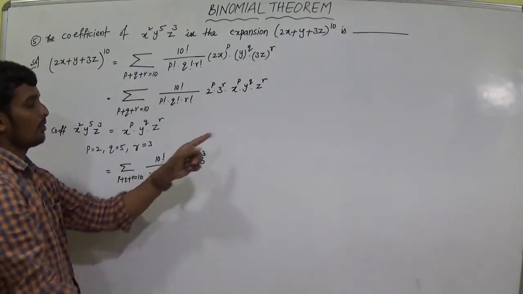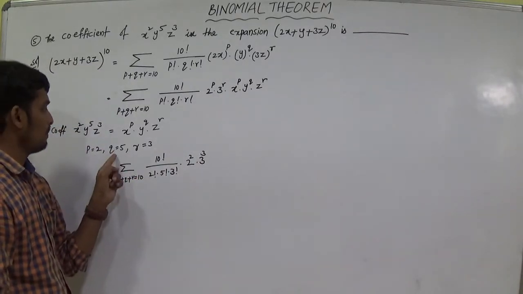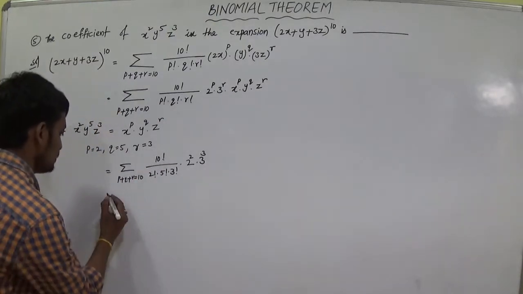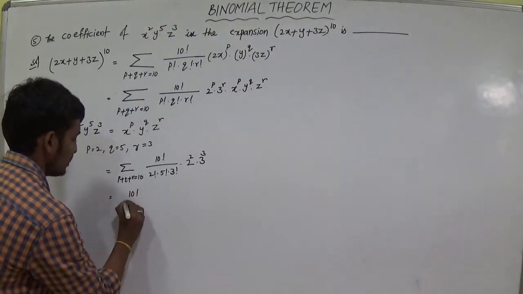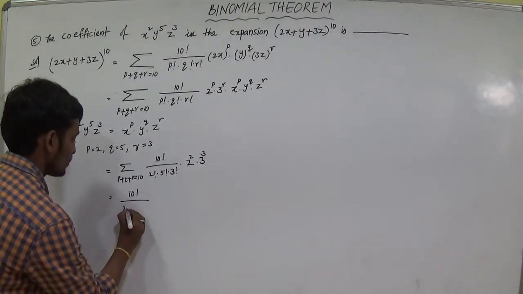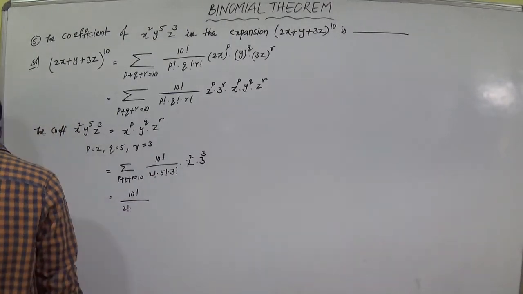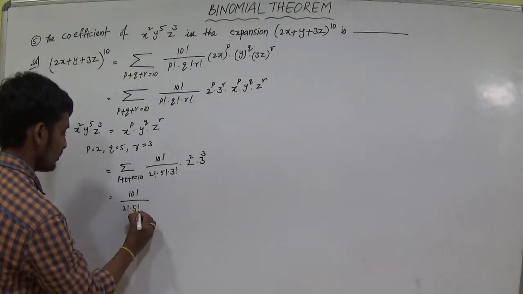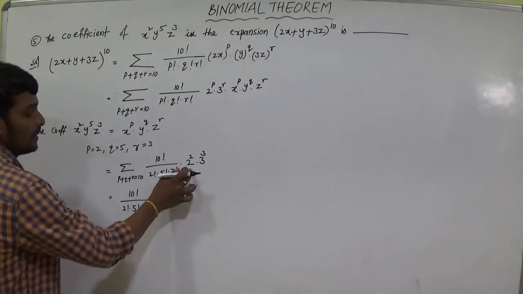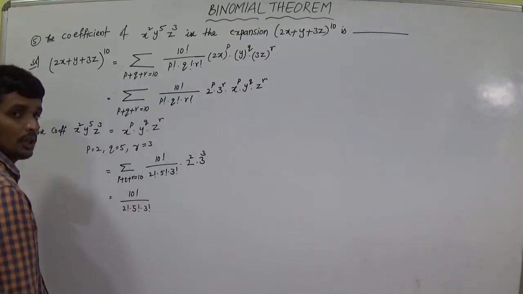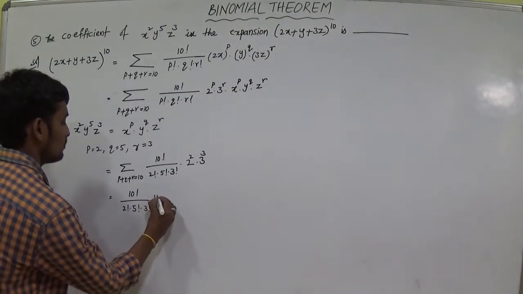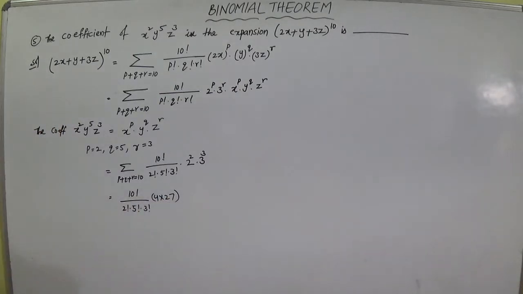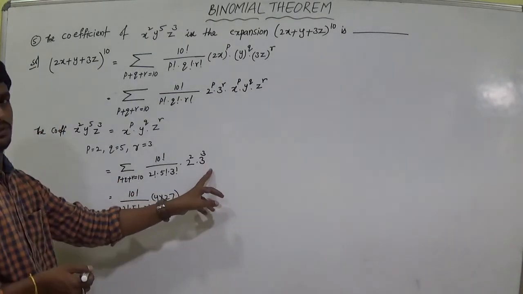After that x power P is x square, y power 5, z cube they are asking, so no need to write. So we have to find these values. That means 10 factorial by 2 factorial into 5 factorial into 3 factorial, into 2 square, 4, into 3 cube, 27. That means 4 into 27, otherwise you can leave it like this, 2 square into 3 cube. So this is the answer.